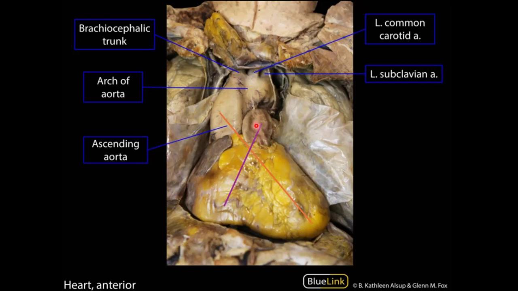Okay. And then here you have the pulmonary trunk, which divides into a right pulmonary artery and a left pulmonary artery. And then you can see at this point, the pulmonary trunk is joining the aorta via the ligamentum arteriosum, which is the remnant of the ductus arteriosus.